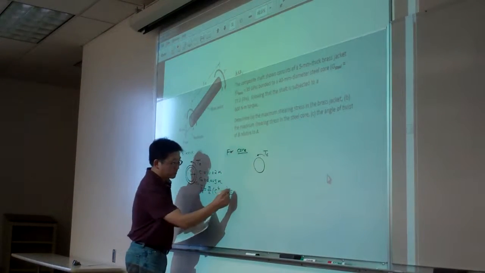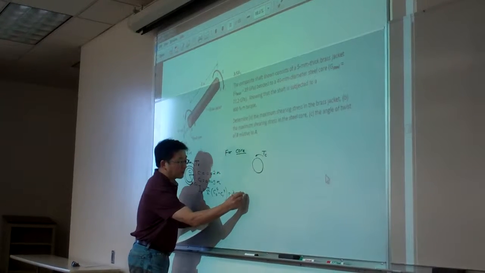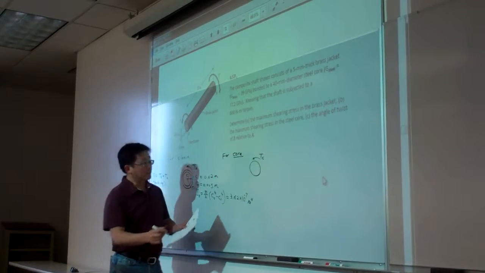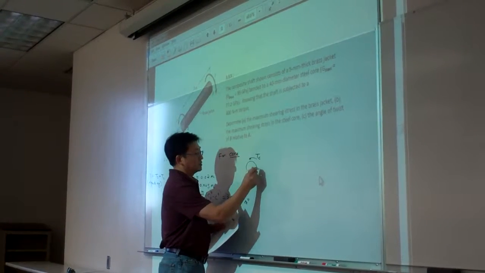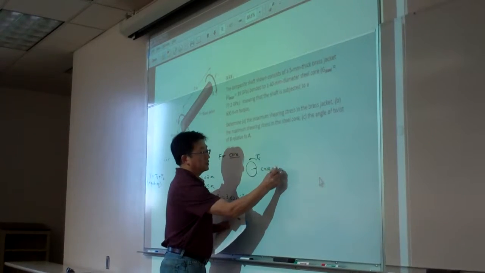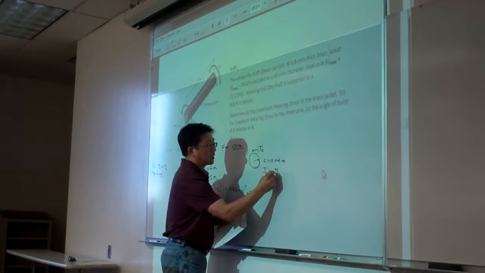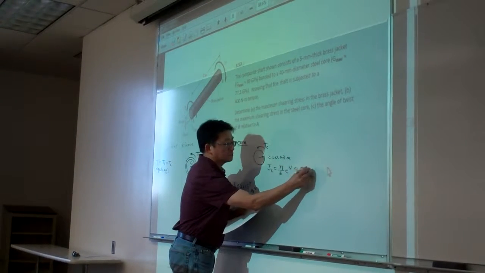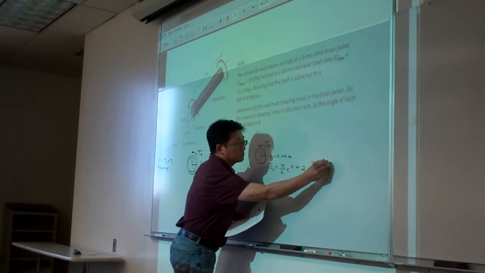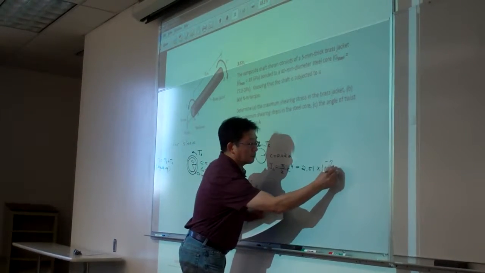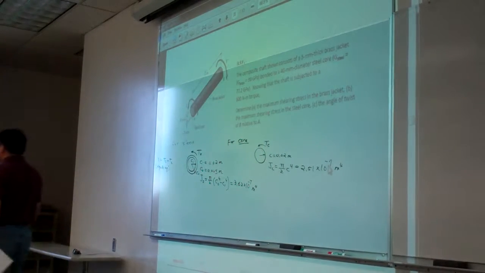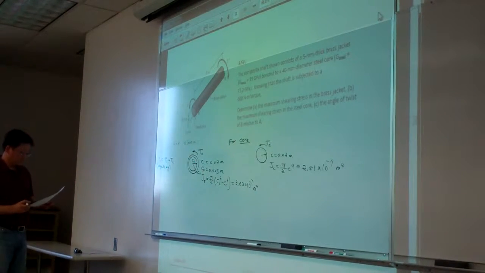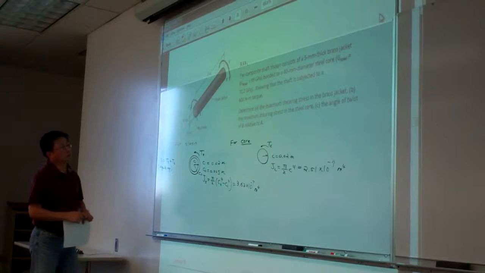That one is 3.62 times 10 to the minus 7. And for the core, C is equal to 0.02 meters, so J is equal to pi over 2 C to the 4th. Okay, so those are the basic information.